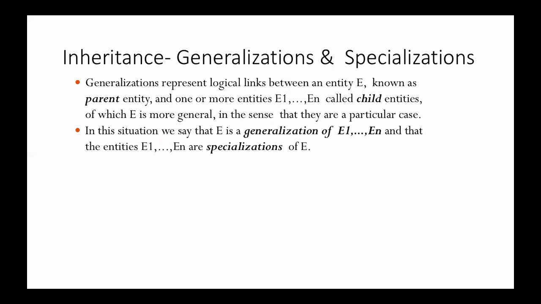Inheritance, generalization, and specialization. Generalization represents a logical link between an entity E, known as the parent entity, and one or more entities E1 up to En, called child entities, of which E is more general in the sense that they are a particular case.